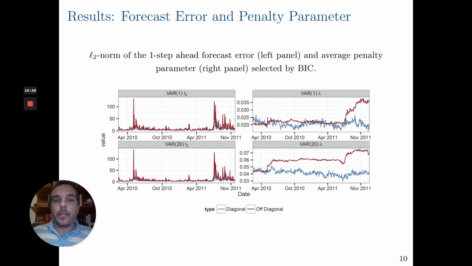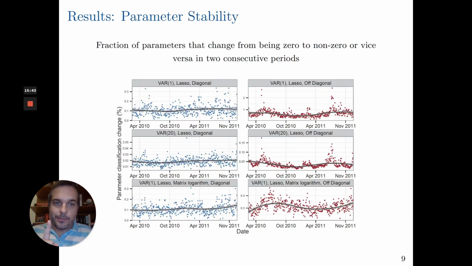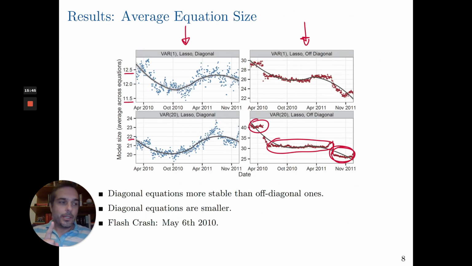And this is the likelihood, just to look at how the likelihood evolves. And this is the selection of the penalty parameter. You see, it's pretty stable over the sample. At the end of the sample, you have an increase in lambda, so it increased the penalty, which makes sense with that result, because from that point onwards there's a huge drop in the number of parameters.